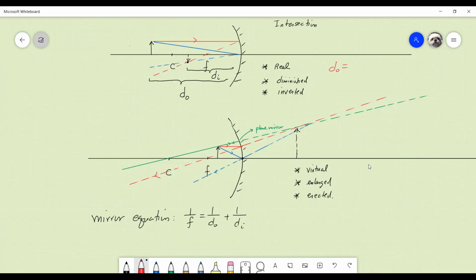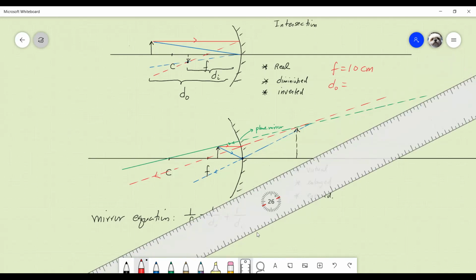Okay, we should define f first. Let's say f is 10 centimeters. Now, what does my object distance look like? We can guess, or I can use a ruler to measure that.